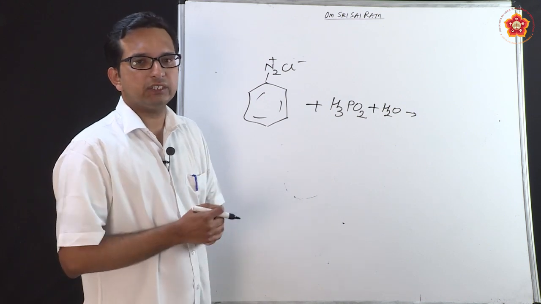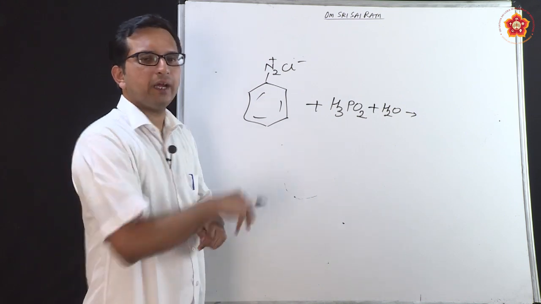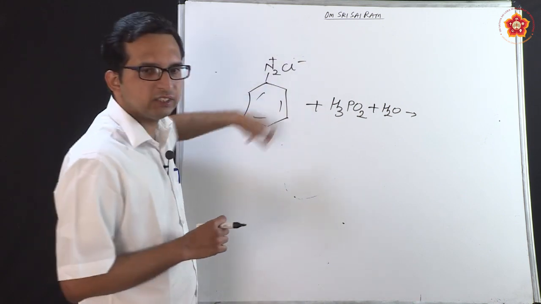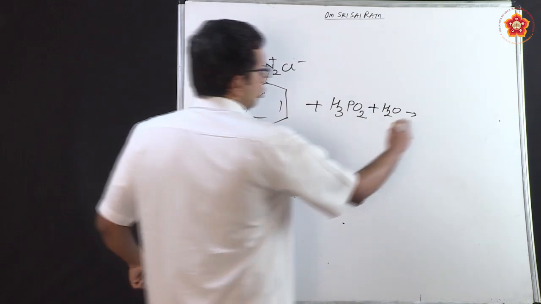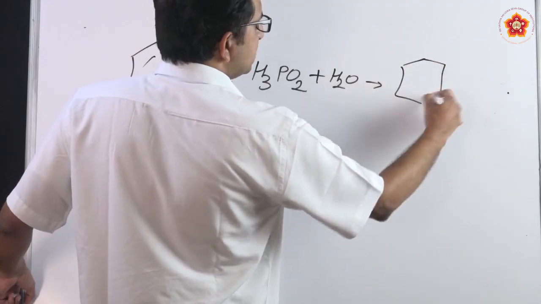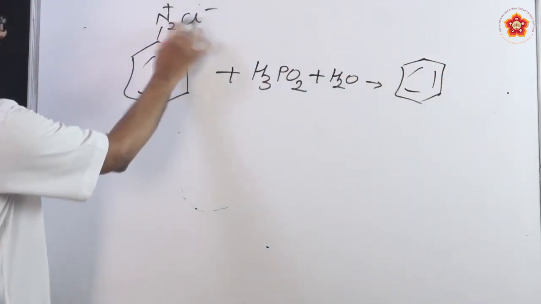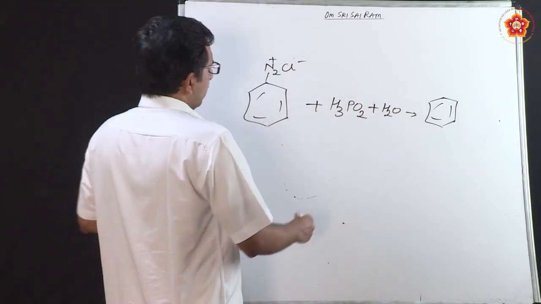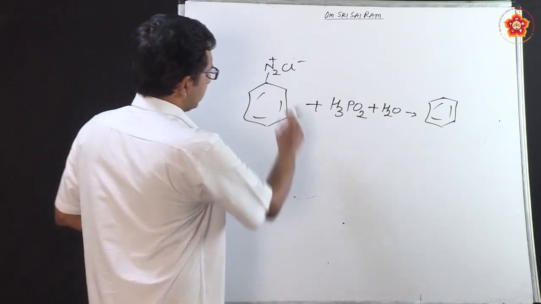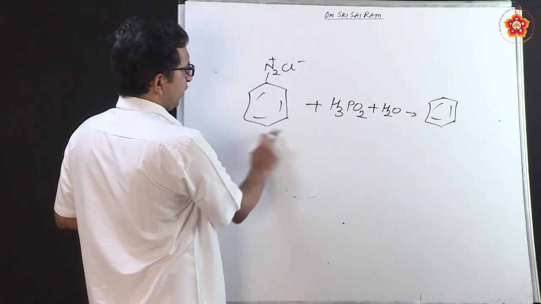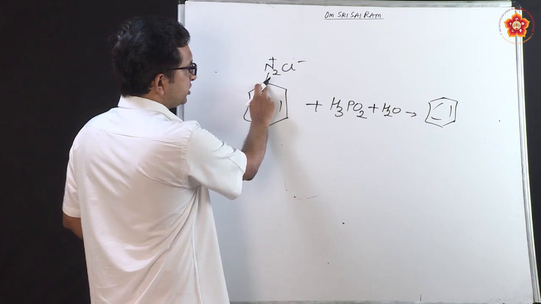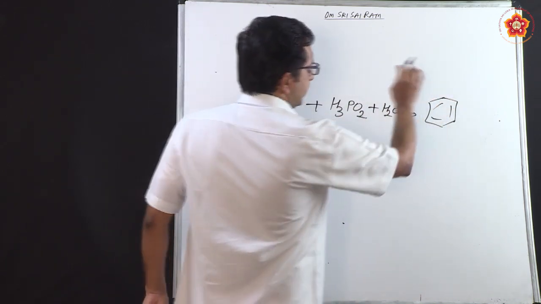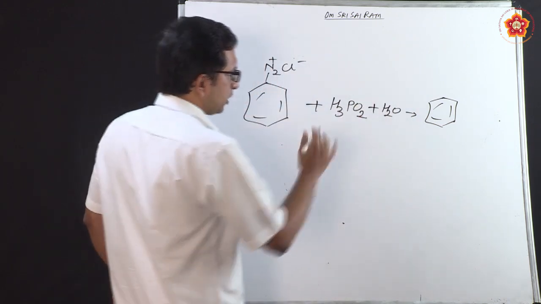And what is a reducing agent? It has two roles: either supply hydrogen or help in removal of oxygen. Now, there is no oxygen as such available in this case, but once you remove this part, which is N2+ Cl-, this position becomes vacant and you can add hydrogen. Please remember that the hydrogen atoms were there at these 5 positions and this position did not have a hydrogen atom, whereas here the hydrogen atom is being introduced. So where did this hydrogen atom come from?